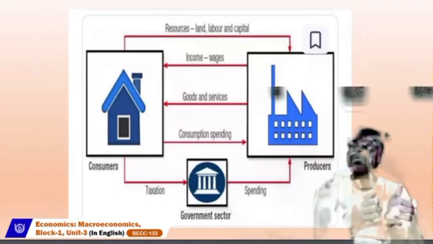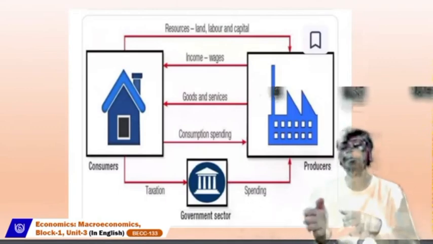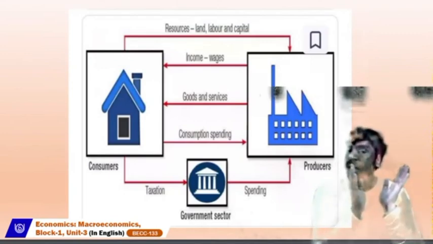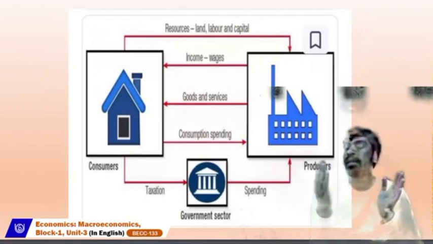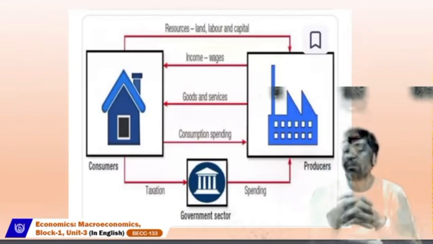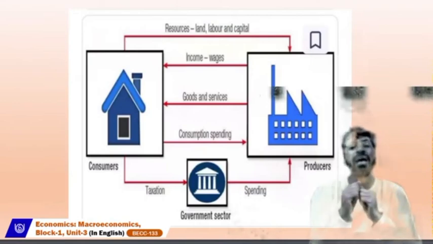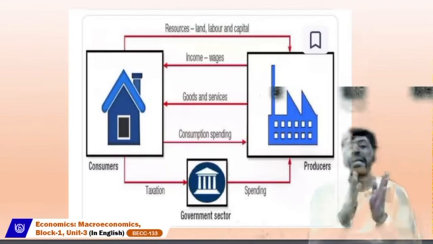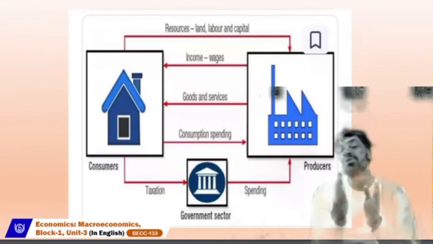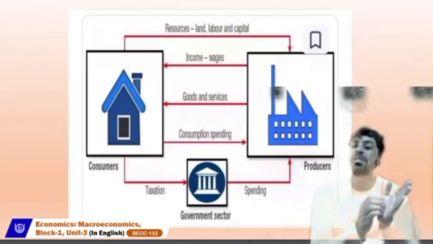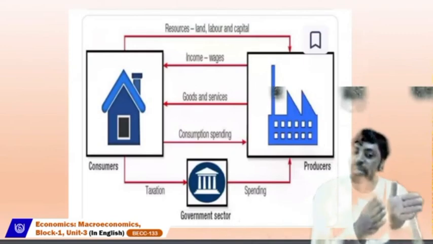The household will supply the resources to the producers, and the producers will exchange them by providing income in the form of wages, interest or profit. And ultimately the consumers buy the goods and services from the businesses, and the businesses sell those goods and services to the ultimate consumers.